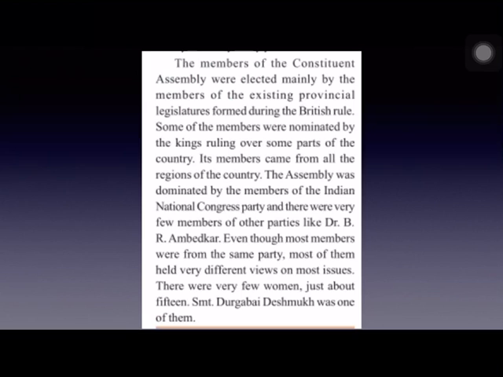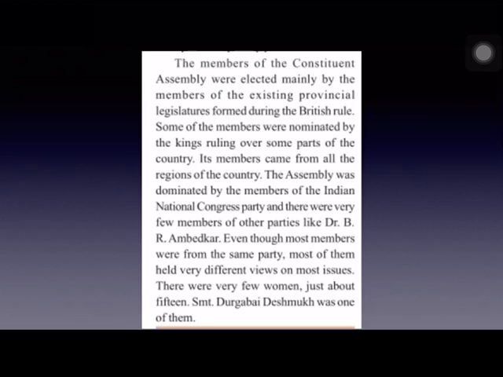Now the members of the Constituent Assembly were indirectly elected by the representatives of the provincial legislatures. And from princely states, I told you already there are more than 550 princely states in British India, members were nominated to the Constituent Assembly. That means the members of the Constituent Assembly were not directly elected.